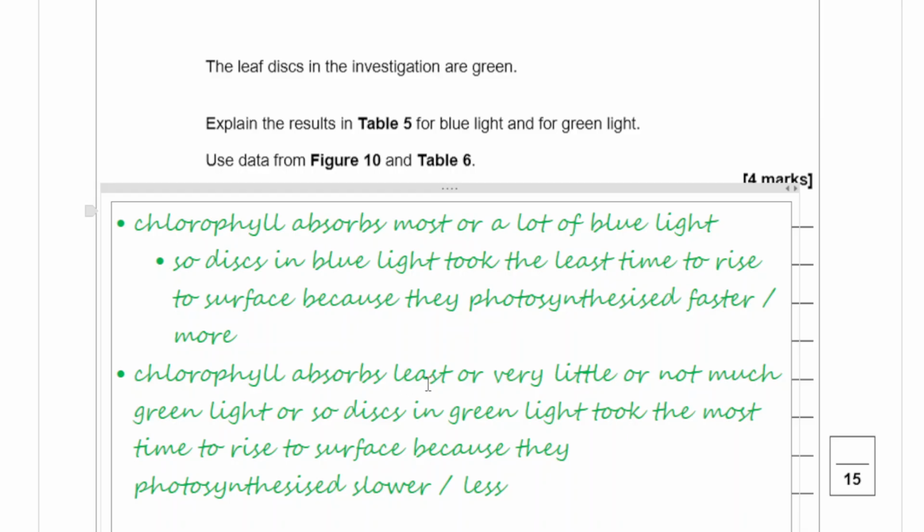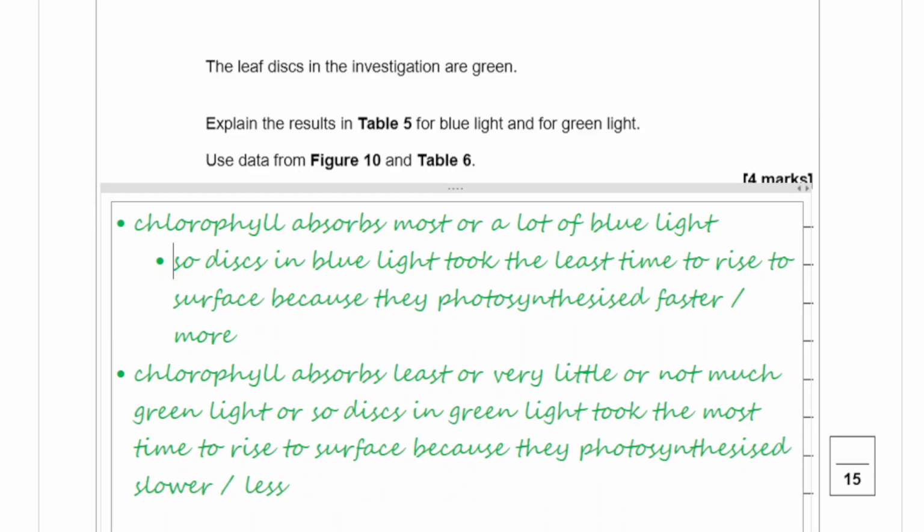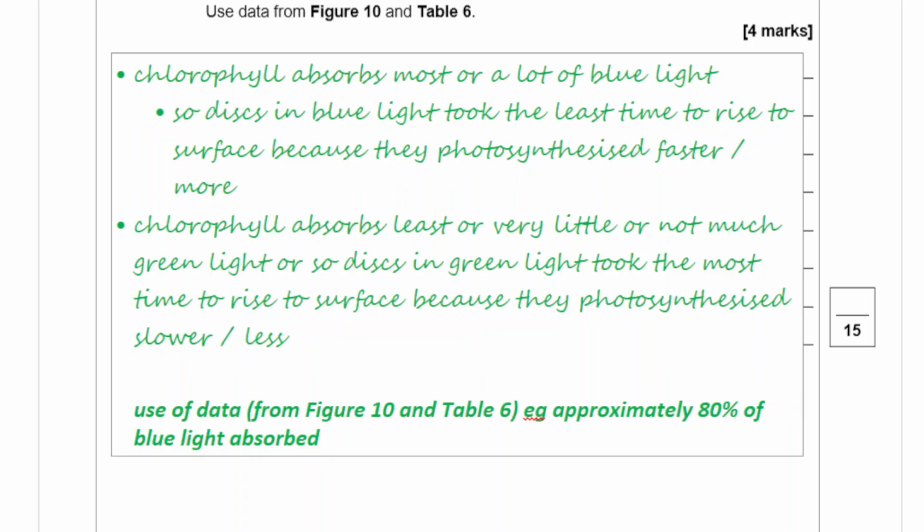Chlorophyll absorbs least or very little or not much green light. So discs in green light took the most time to surface because they photosynthesize slower. And also mention the data from the table and from figure 10 as well.